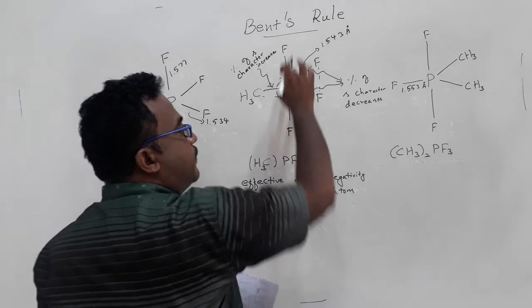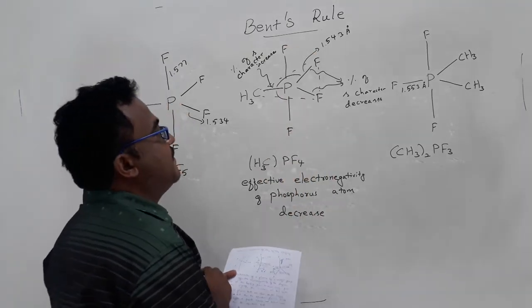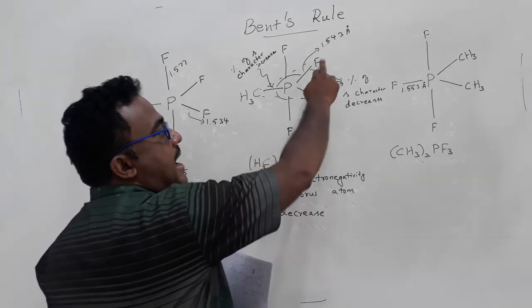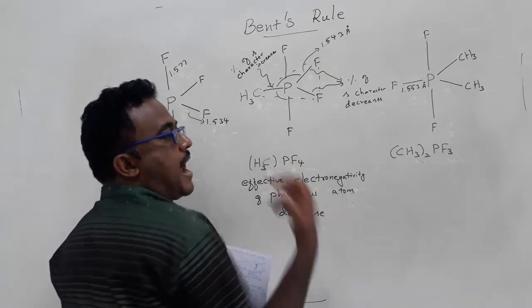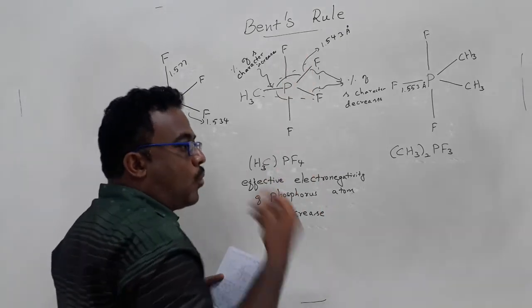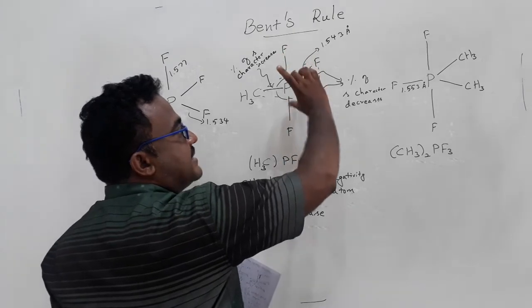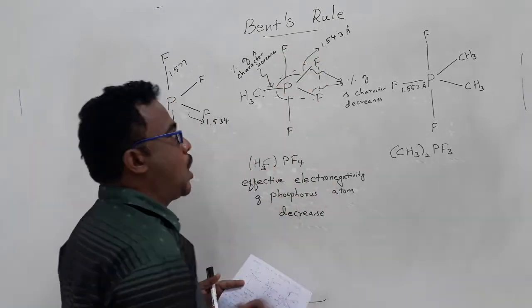So these two fluorines face more repulsion with this methyl group than the equatorial fluorine atoms. So if it faces more repulsion, to overcome the repulsion, the bond length of the axial PF should be elongated.